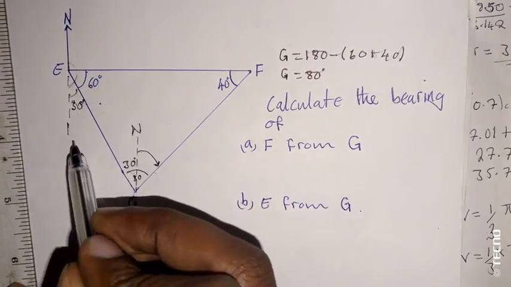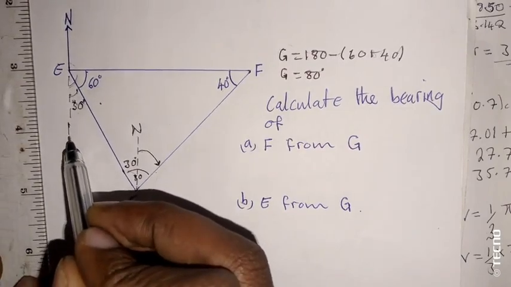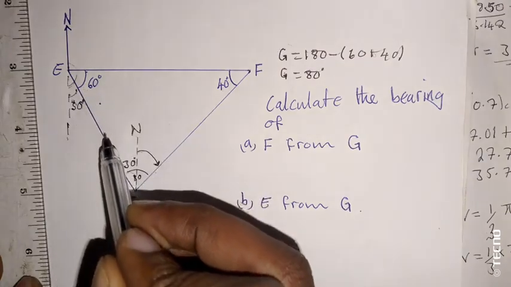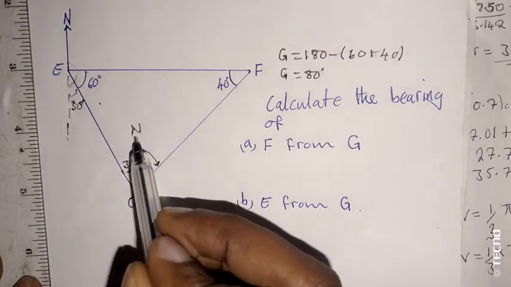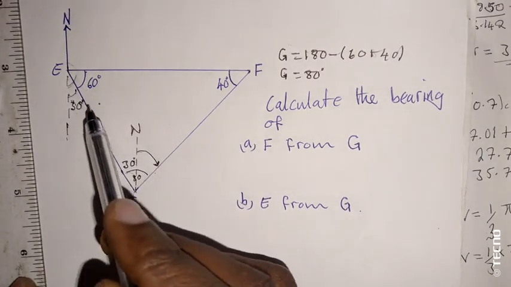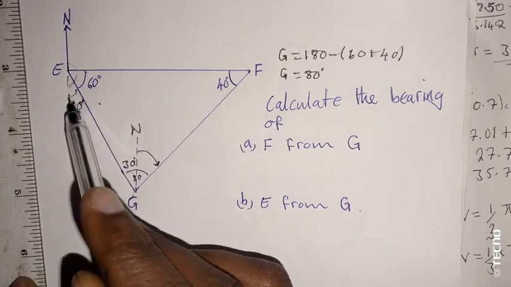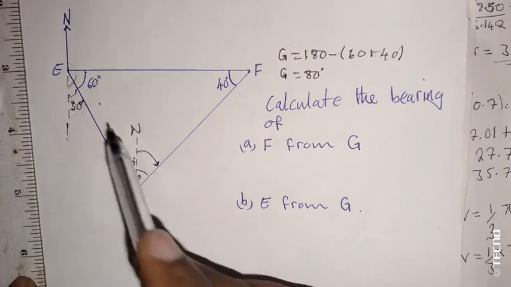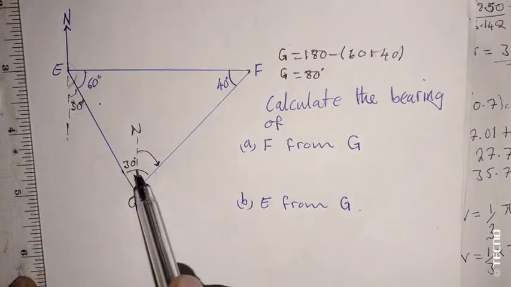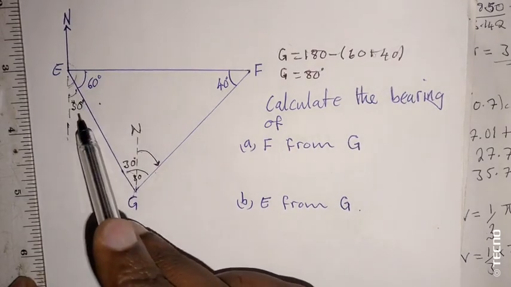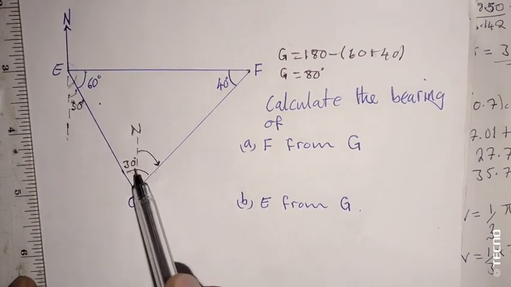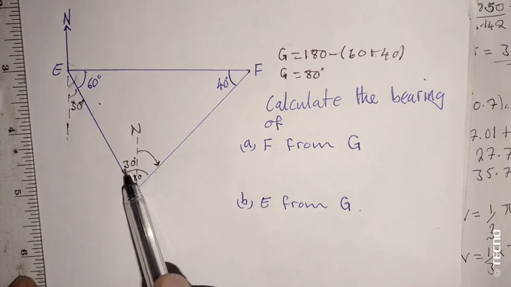Because they are making something like a Z here, and the property here is that the angle at this point is equal to the angle at this point. So here we have 30. Even this side we are going to have 30 from here to there.